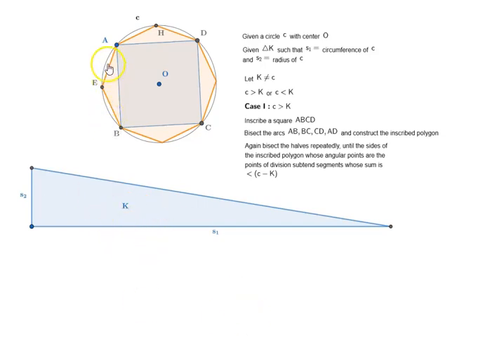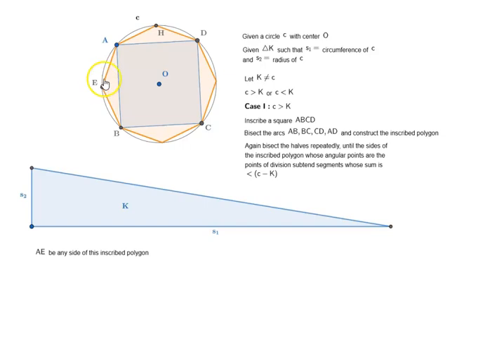If it is still greater, we again bisect these arcs and construct an inscribed polygon which has more number of sides. Let's say this is where we stop. Let's say the sum of these areas of the segments of the circle is less than the difference between the area of the circle and the area of the triangle.